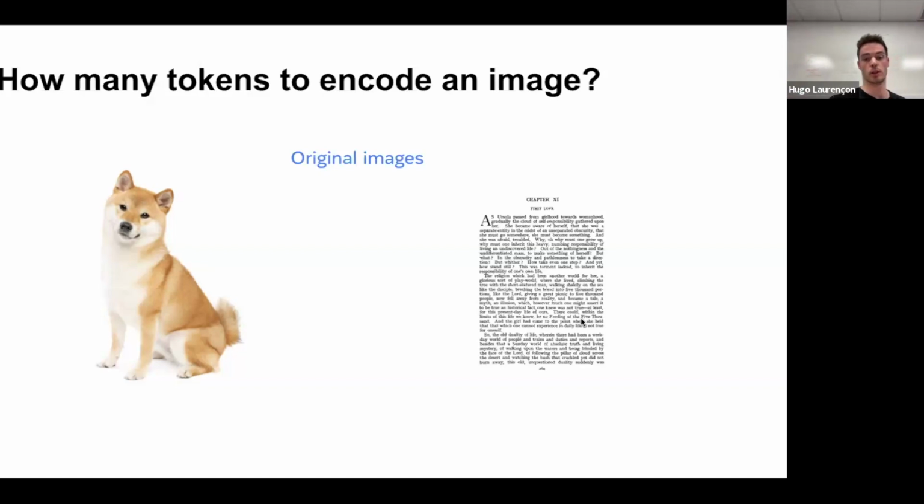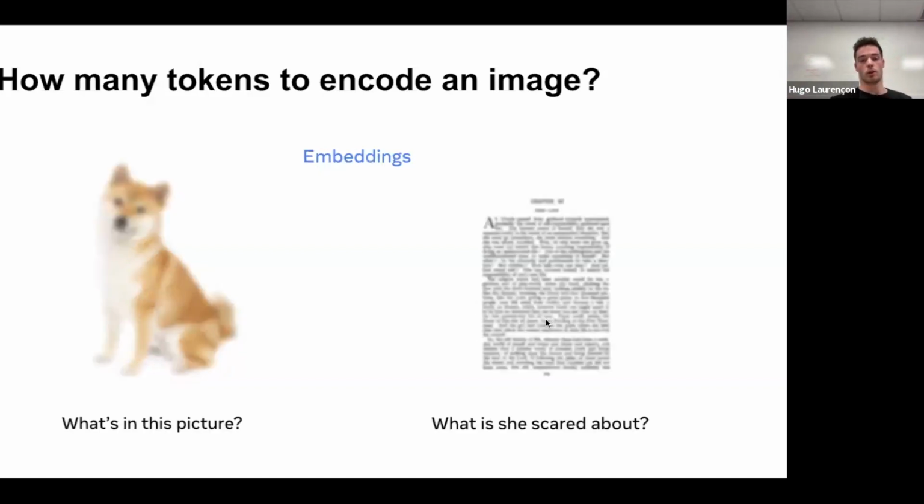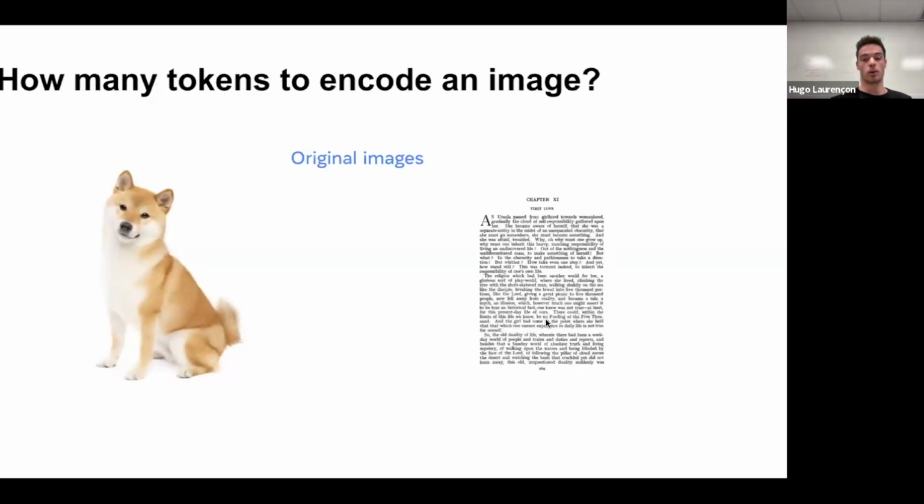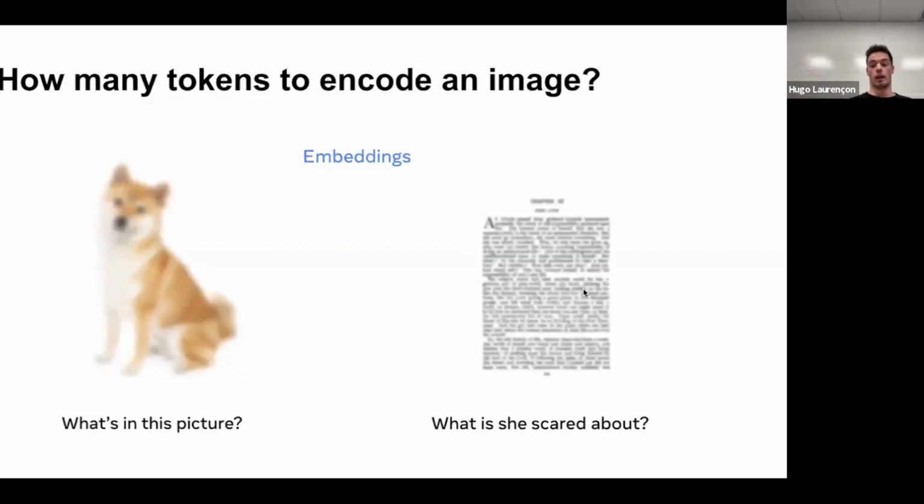For example, an image of a dog and an image of a page. If I ask you to have a certain representation of this dog, it's pretty easy. But if I ask you to remember everything about this book, you will need a lot of time to remember everything. And then when you ask a question about it, it's much harder.